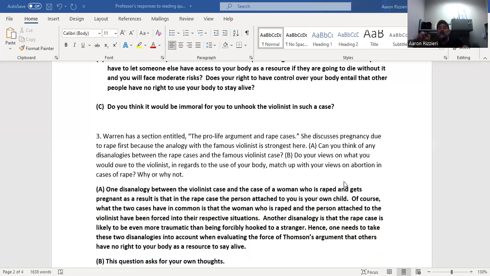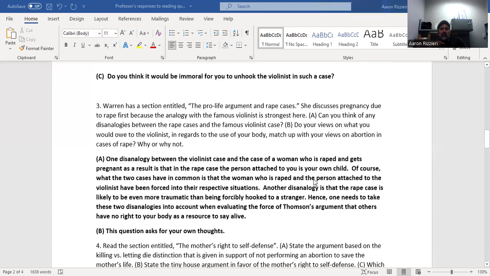In a little bit, though, we'll look at disanalogies between the two cases. Okay. So Warren has a section entitled The Pro-Life Argument and Rape Cases. She discusses pregnancy due to rape first because the analogy with the famous violinist is strongest here. So, of course, why is this a strong analogy?